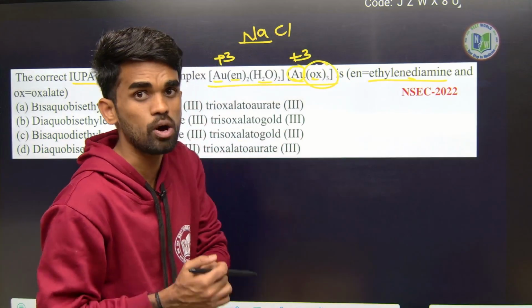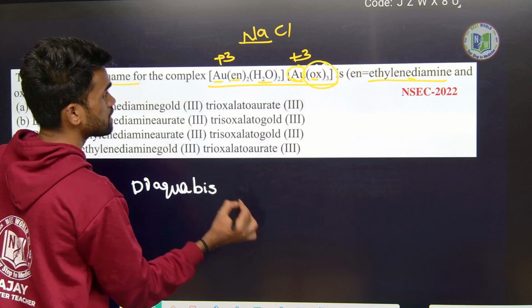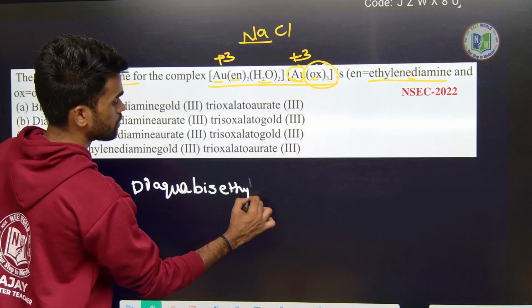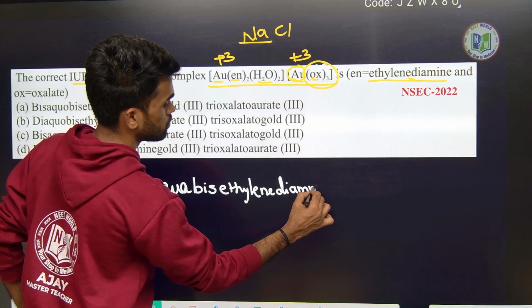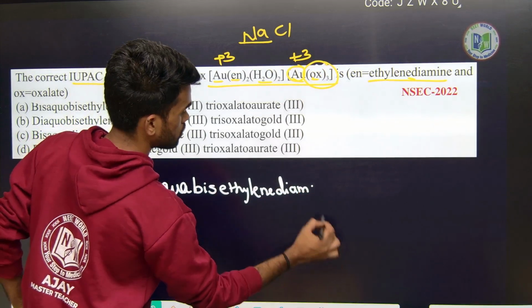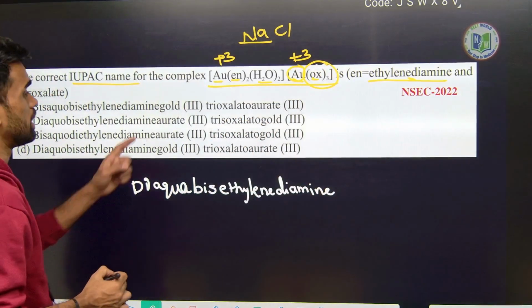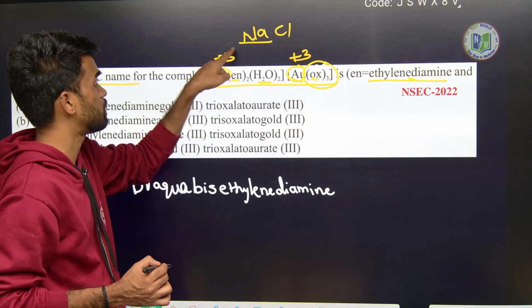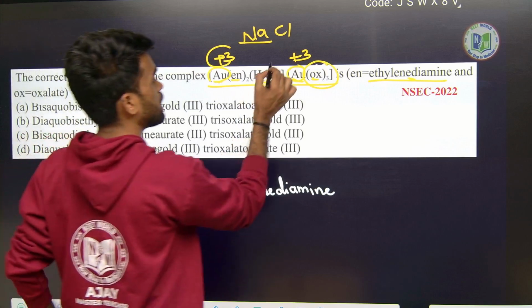In the case of complex ligands, you just use bis: diaqua, bis ethylene diamine. Next, gold is there with +3, in the cationic sphere position.